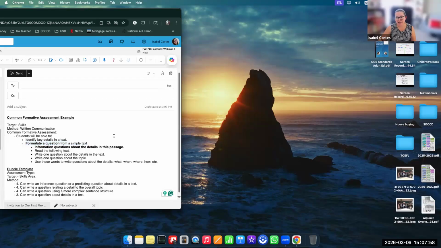Since this is level A, I feel like we struggled a little bit with this, but it sounded like we came up with information questions about the details in this passage. And then the actual instructions would be something along these lines. Read the following text, write one question about the details in the text or about the topic. Use words to write questions about the details: what, when, where, how, other WH question words.